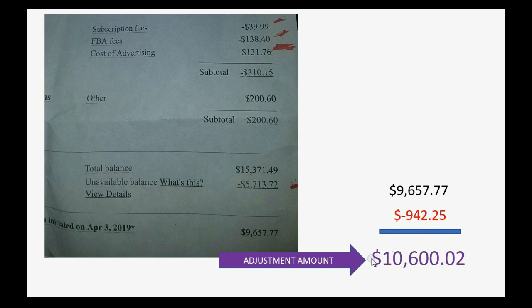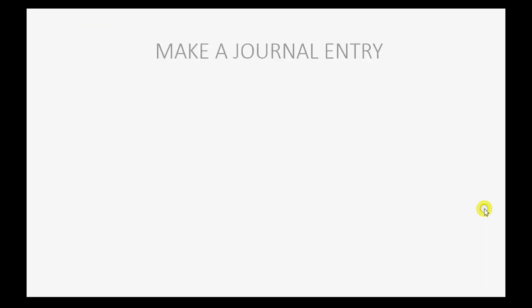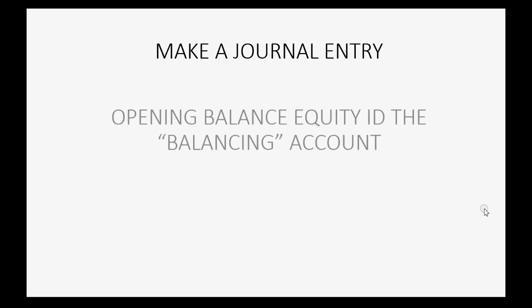But anyway, this is the amount of the adjustment. And all you have to do is adjust it once, and it will be correct every time going forward if you follow our deposit procedures. So we're going to make a journal entry, and the balancing account is the opening balance equity account.